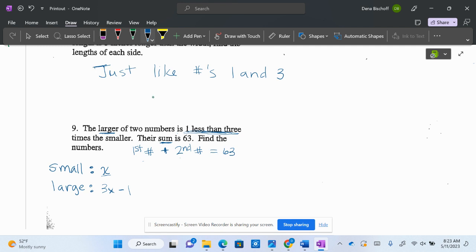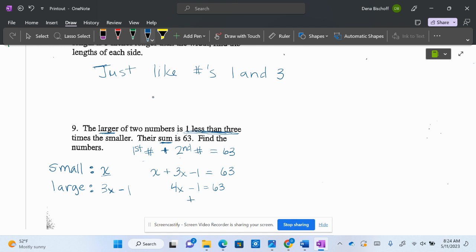We take the first number, x, and add it to the second number, 3x minus 1, and together they are going to equal 63. So x plus 3x is 4x. So 4x minus 1 is 63.